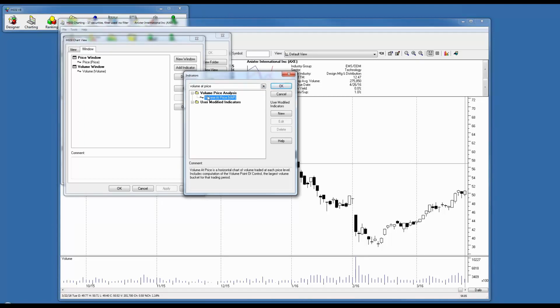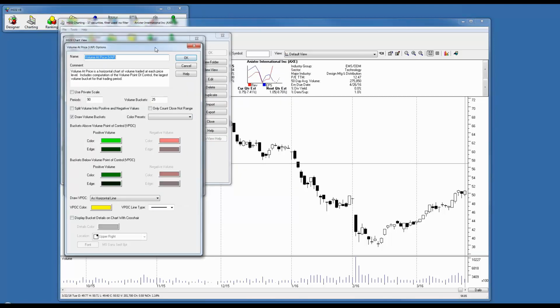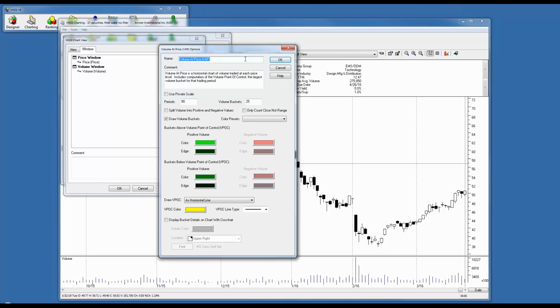So "volume at price" will find this indicator, but also "VAP" will find it, and you can also find it by typing "VPOC". We've got more search fields than you can actually see. So if you're trying to find an indicator, just stick something in there. You'd be surprised at how many search fields we have now to help you find the thing you're looking for.